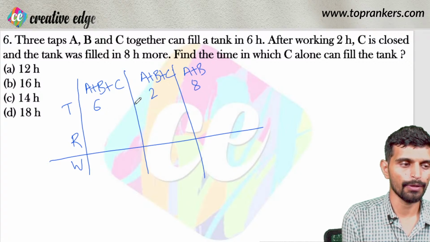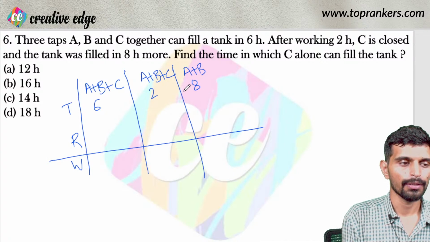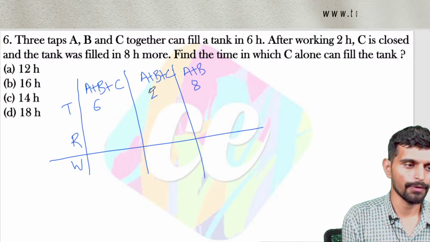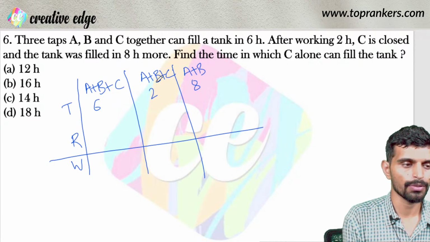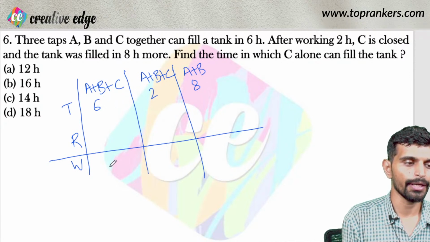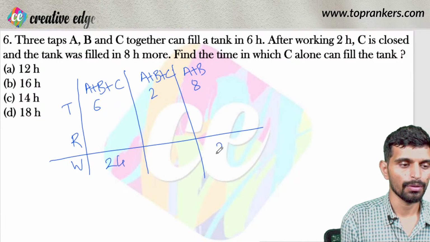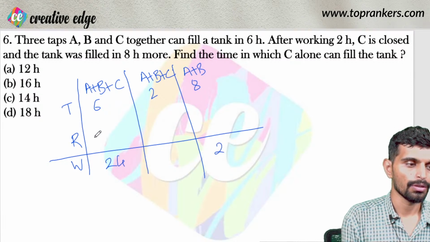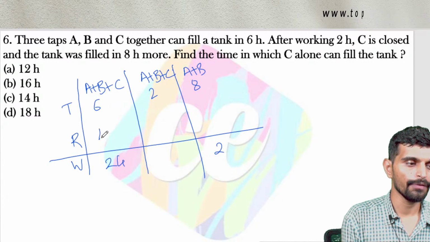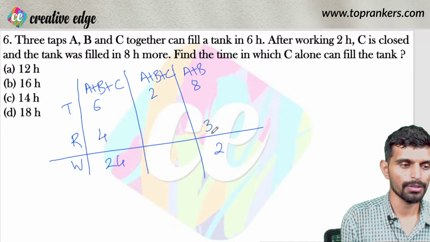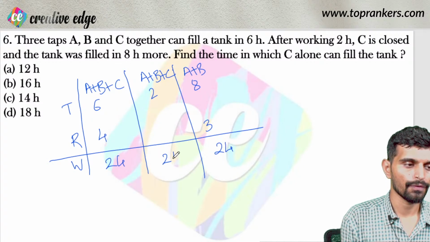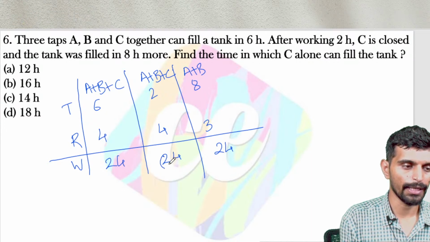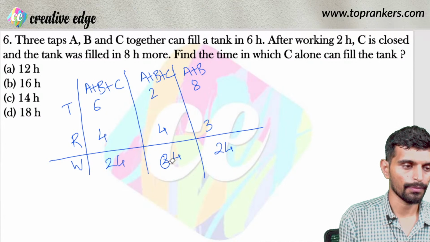So take the LCM of 6 and 8, that is 24. So the rate will be 4 units for A plus B plus C. In 2 hours with a rate of 4, they would complete 8 units of work.